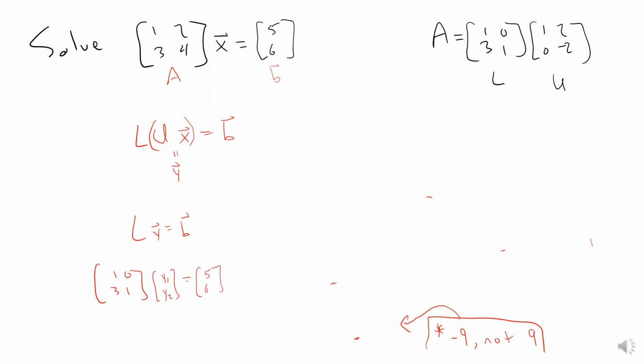Now, if you look at this system of equations, this is a really easy system to solve. Let me just show you one approach we could take. Again, if we want to do some row reduction, write our augmented matrix.